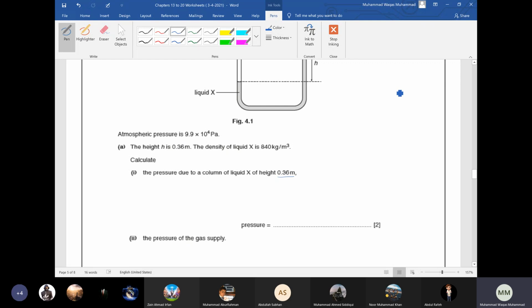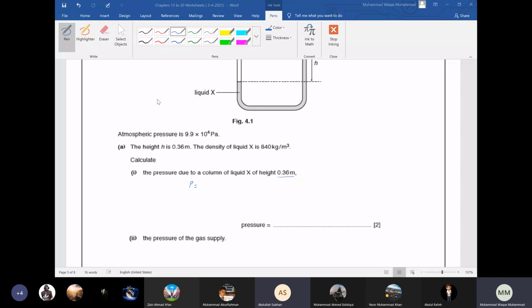Pressure due to a column of liquid X of height 0.36 meter. We know that pressure is equal to, Abdullah Subhan beta, pressure is equal to... Sir, will multiply. Sorry, I'm unable to understand what you're saying.